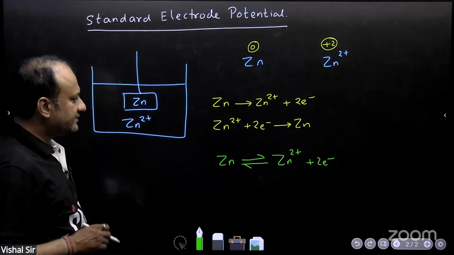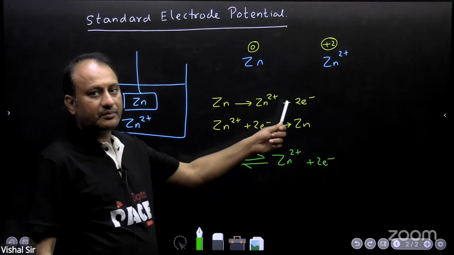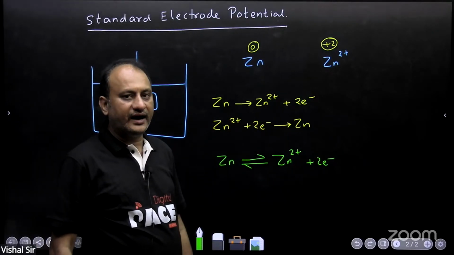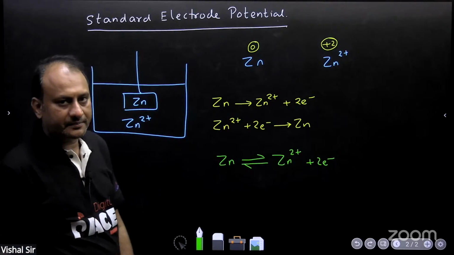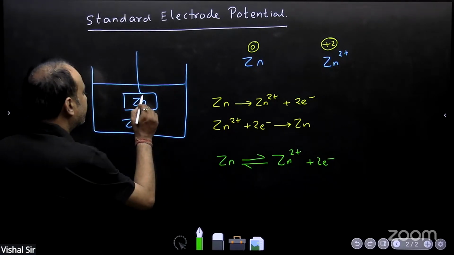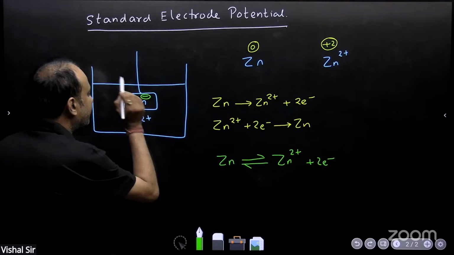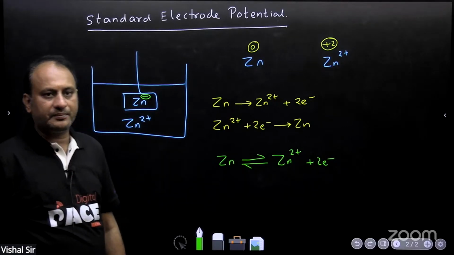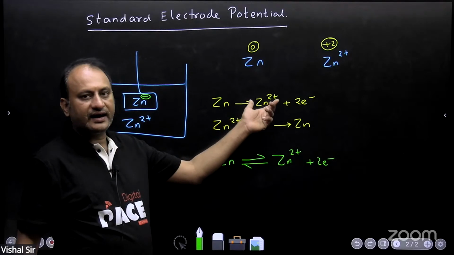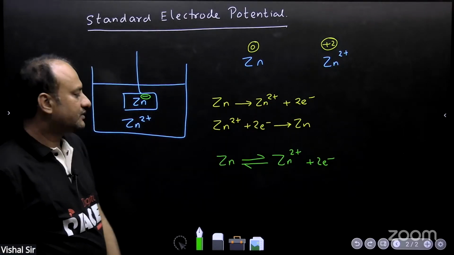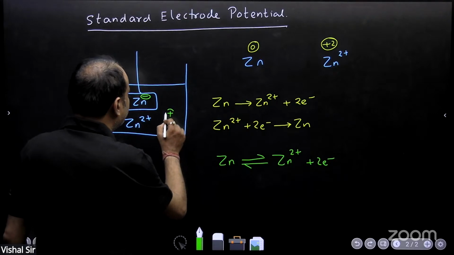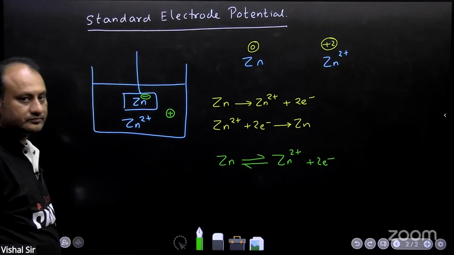So in that case, when more zinc atoms are getting converted to zinc ions, they will leave behind their electrons on the plate. And these excess electrons on the plate will create a negative charge on the plate. And more zinc ions will go into the solution, and that will cause a positive charge to be developed in the solution.